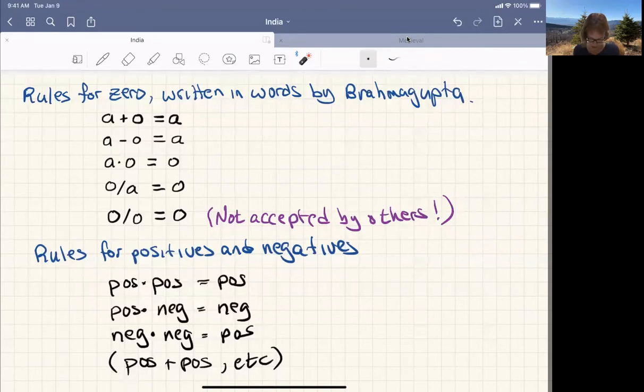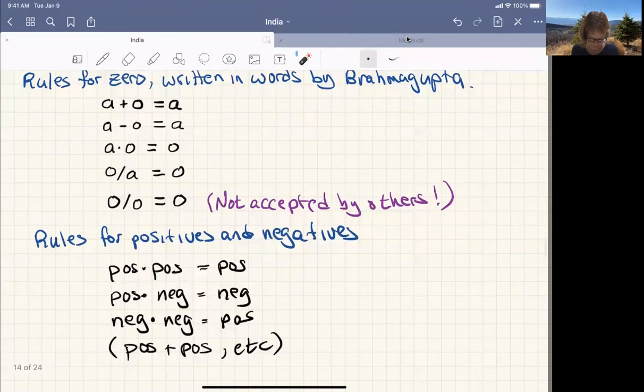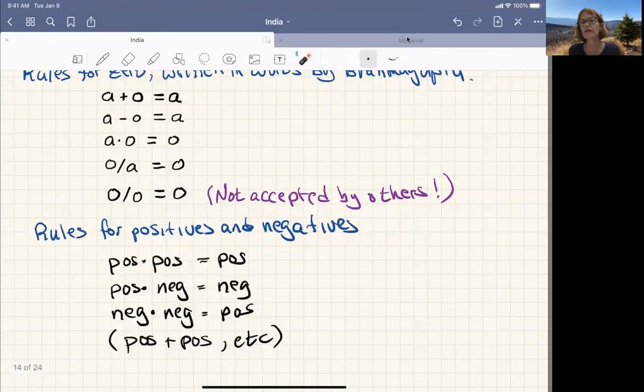But also, of course, there's going to be rules for adding and subtracting positive and negative numbers. And we saw earlier that there were rules in China about adding and subtracting positive and negative numbers as well.